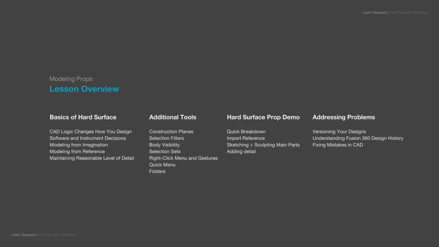But it's obviously a good workflow to prepare your references ahead of time. And if you're designing from imagination, as you're going through with it, you should be constantly referencing something from the real world. This will help you keep the design grounded in reality.